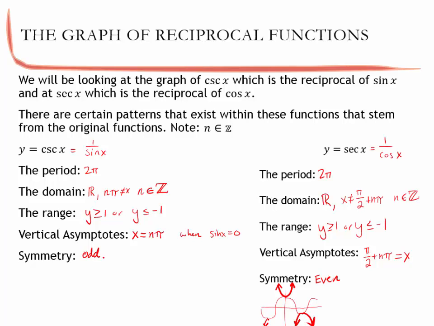This one's odd if you look, because sine starts right here and goes up here, and then we have symmetry over the origin.